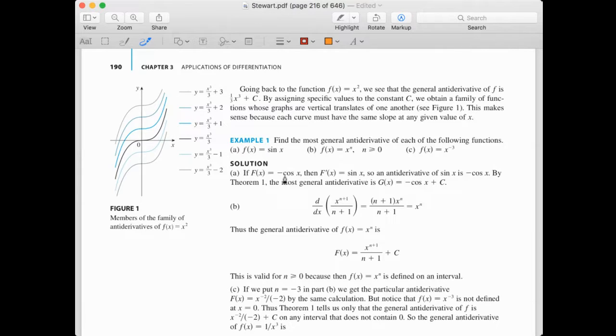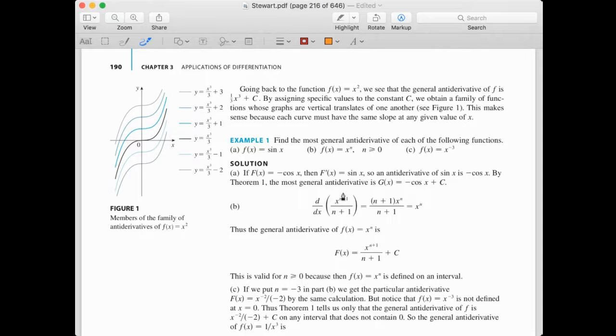Negative cosine. But if x raised to n, we think whose derivative is x raised to n? That has to be x to the power n plus 1, but then divided by n plus 1, right?